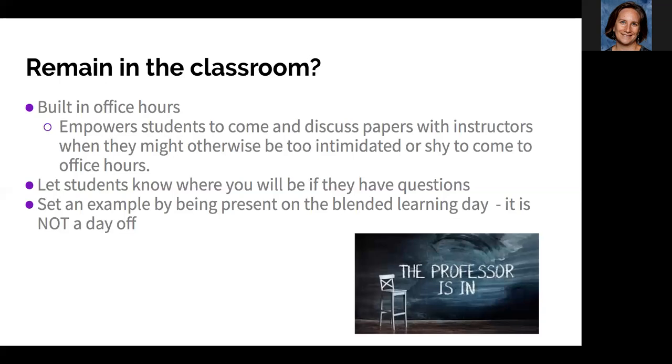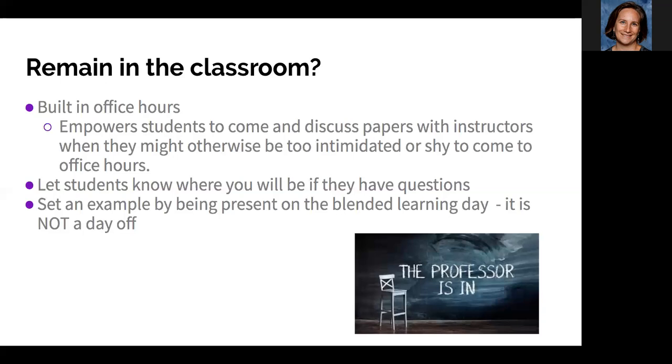So one of the things that we recommend is to let students know where you'll be. If you're having a class where you are releasing them to have flexibility to work where they want, set up a space or a way for them to contact you during that classroom time, so that if they do have questions, they feel comfortable reaching out.